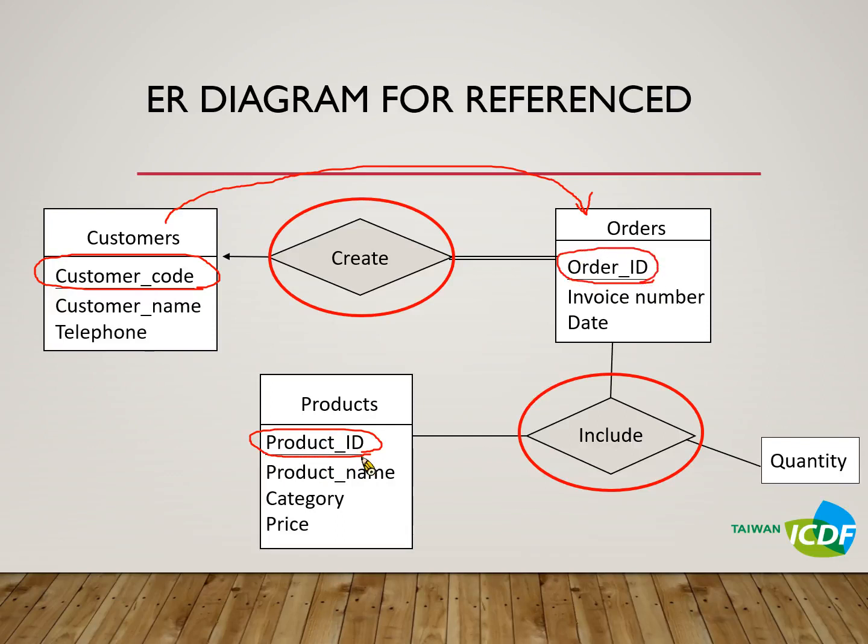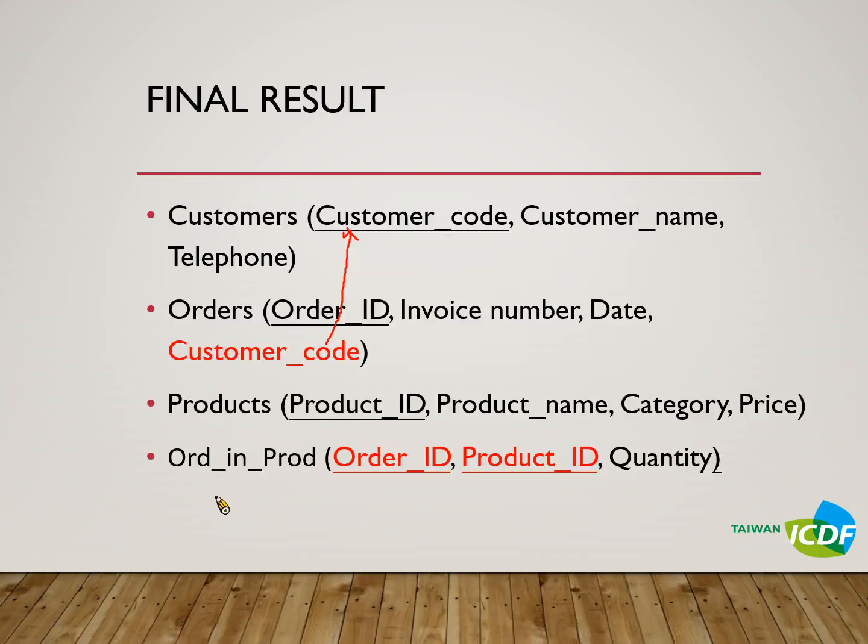They are product ID and order ID, to form the new table. So we can obtain the new table, which I call orders in products. Because it's a new table, you can use any meaningful name to represent it.